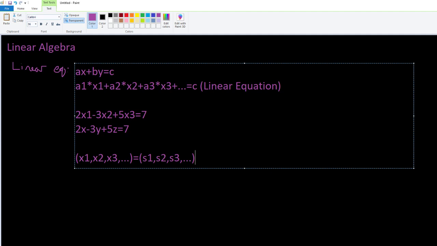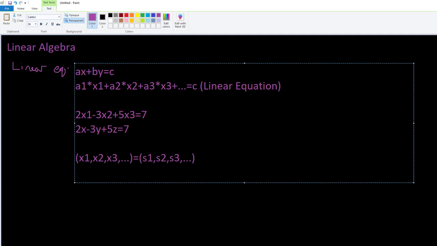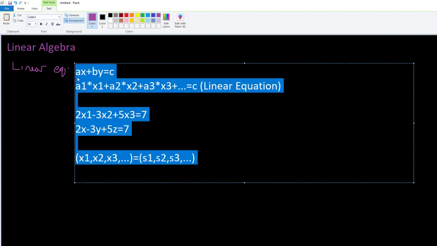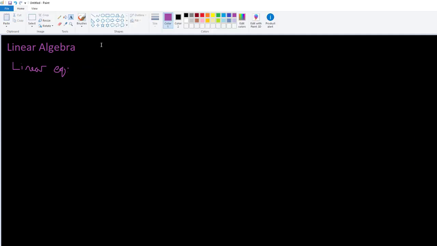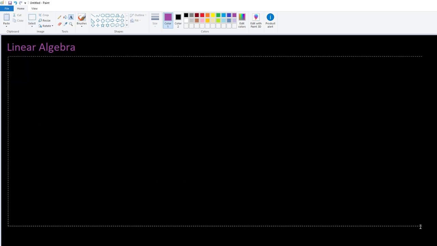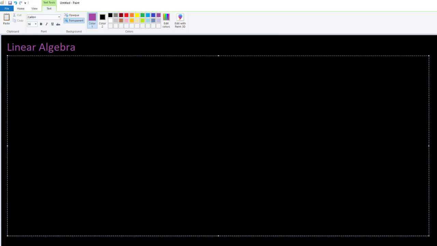So here's an example. Here's a system: x plus y plus z equals 3. This is a 3 variable system.